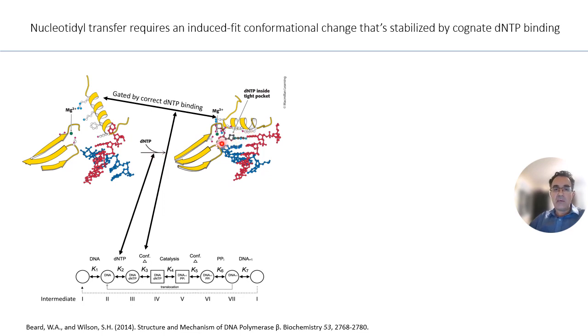Now, if a dNTP that is not making proper Watson-Crick base pairing interactions with the template gets positioned in this spot, the helix will essentially not be able to close down.